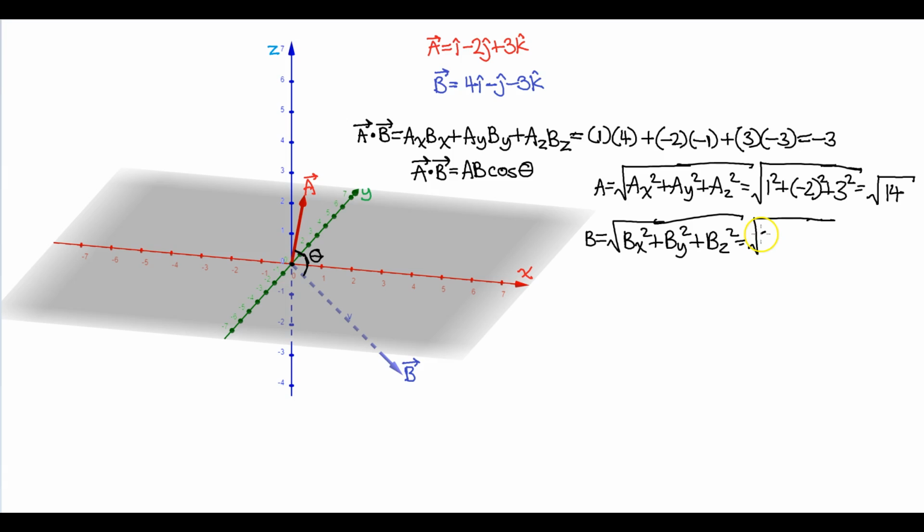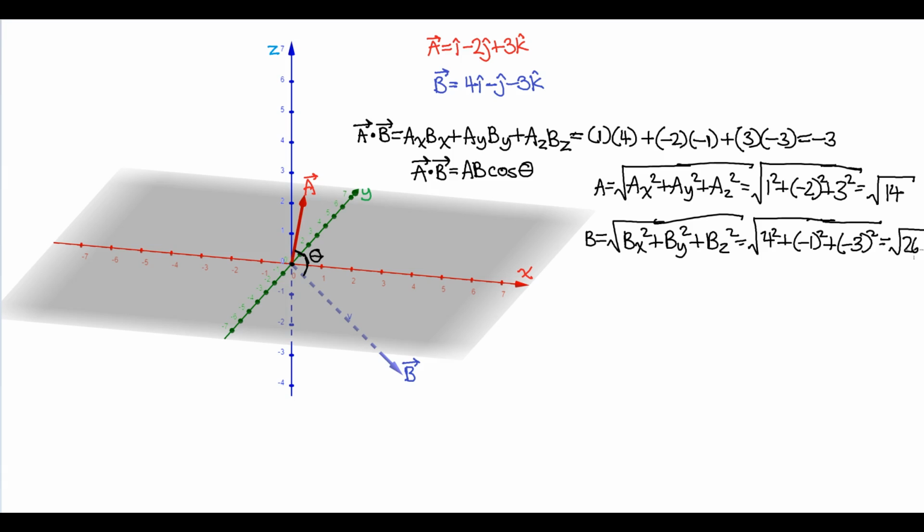We get 4 squared plus negative 1 squared plus negative 3 squared, and we get 16 plus 1 plus 9, so the magnitude is the square root of 26. Now we have the magnitudes of A and B and the value of the dot product.